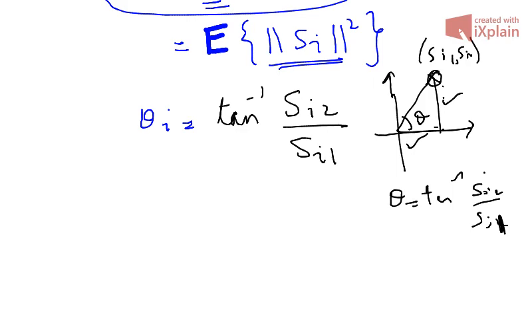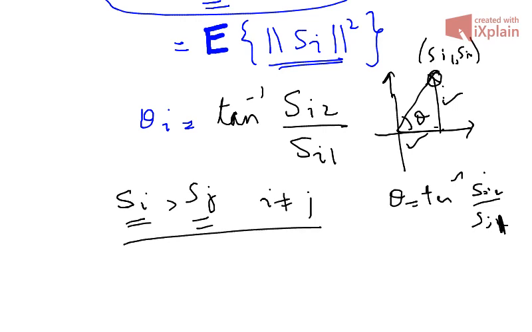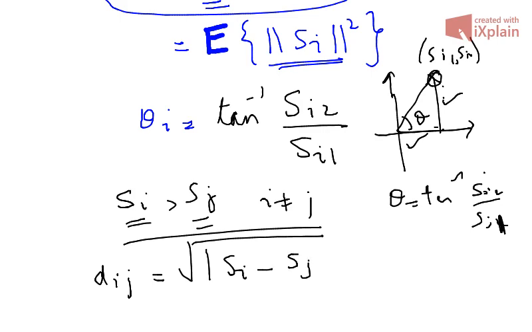You can always find the Euclidean distance between two signal points. If you have two signal points SI and SJ, and you are interested to find the Euclidean distance between these two points, the Euclidean distance can be found by the expression, which is the mod of point SI minus SJ.